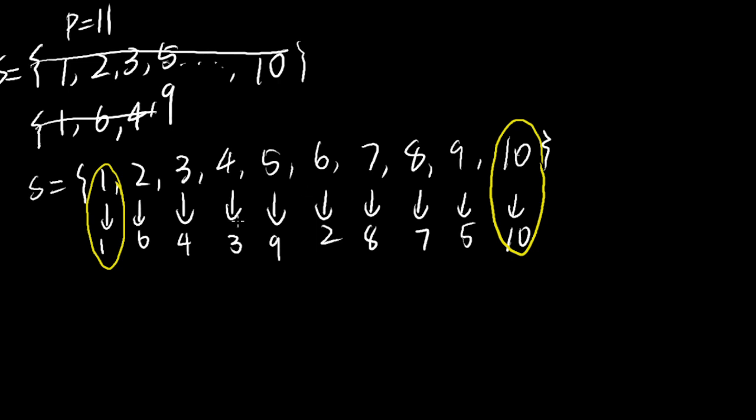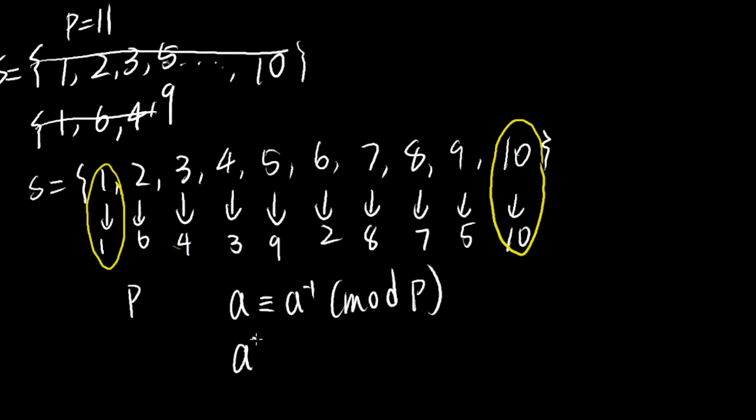Except those two numbers, the other numbers are never equal to their own inverses, right? We can prove this for a prime number p. We can see, if a number a's inverse is equal to a itself, then a squared is equal to 1, right?